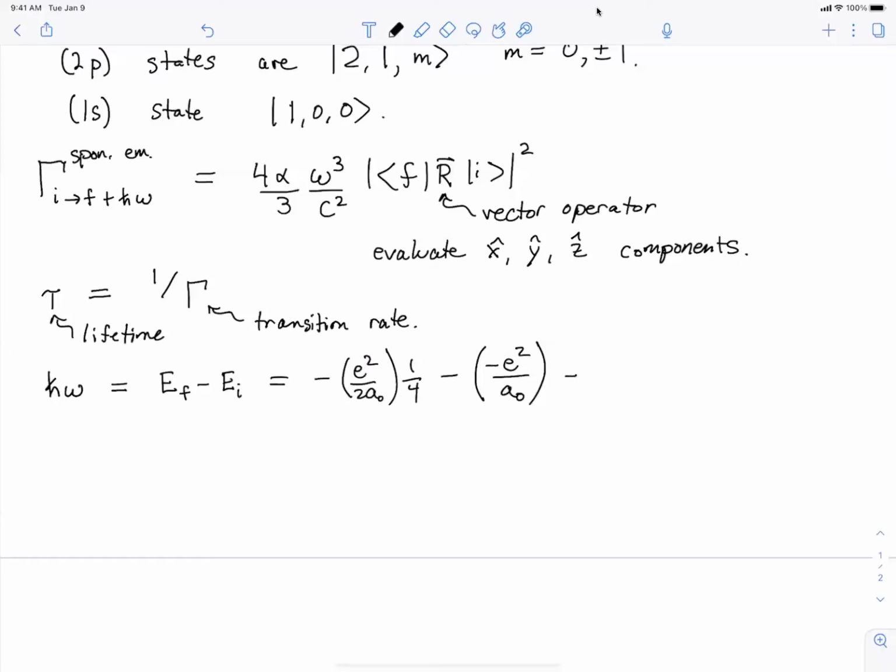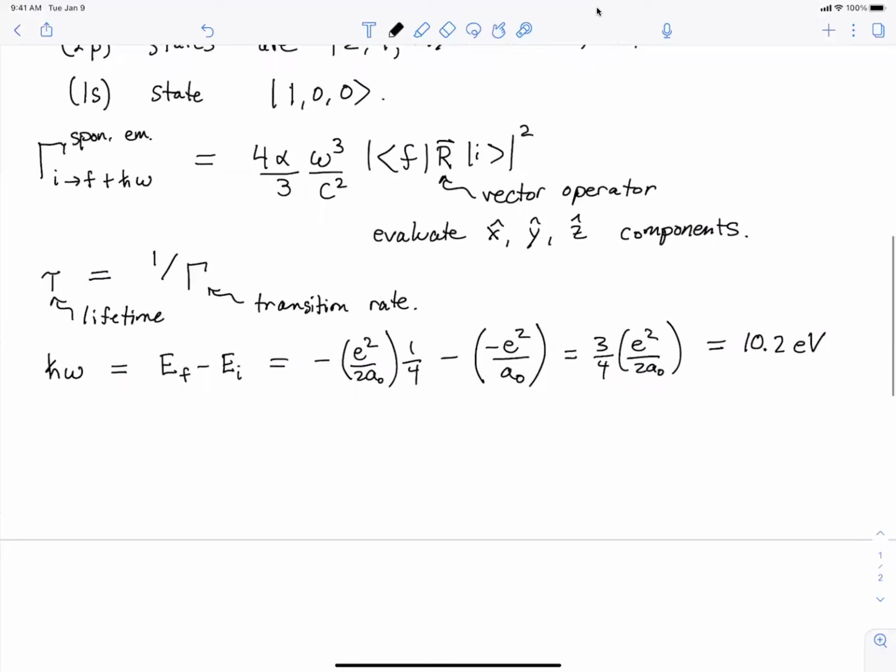And so the answer is this is 3/4 of a Rydberg, which is 10.2 electron volts. Okay, and so that tells us what omega is. We just divide by h bar.